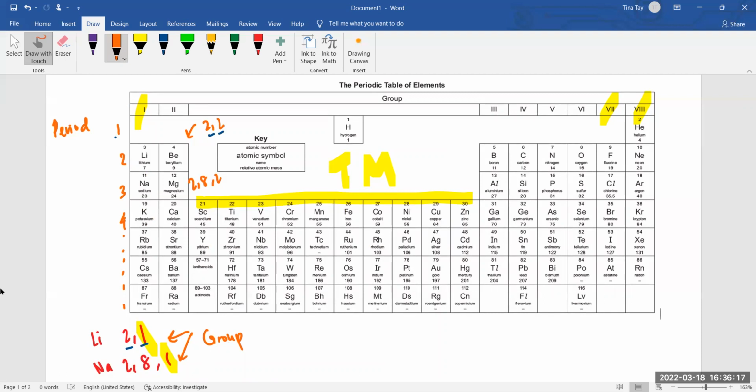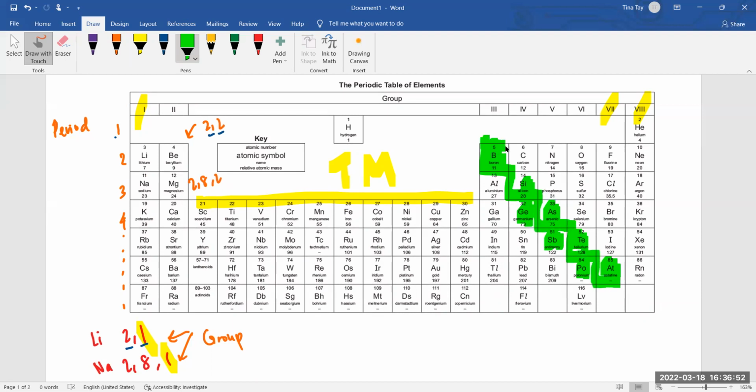We have a zigzag part in the periodic table. This part here: boron, silicon, germanium, arsenic, antimony, tellurium, astatine. You don't really need to know everybody. You just need to know there's a zigzag line.